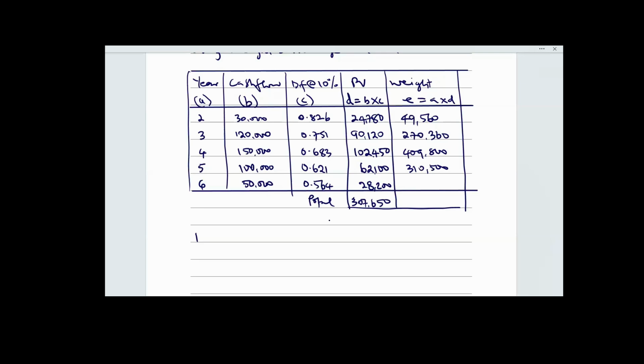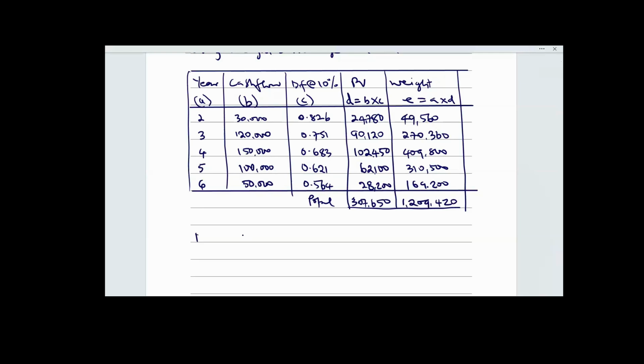Somebody should be adding the weights. Year six, 169,200. What's the total weight you have added? 1,209,420. That represents the total weight.